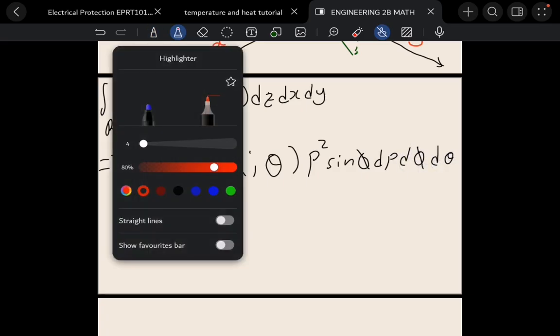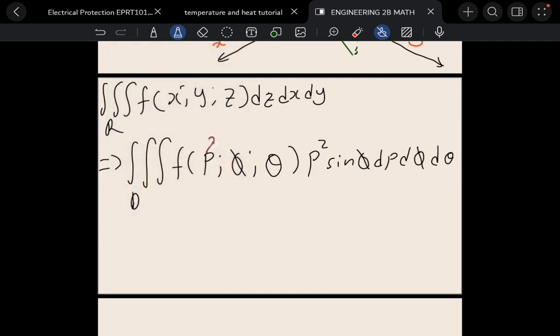Now just understand that this one here is rho, this one here is phi, and this one here is theta.